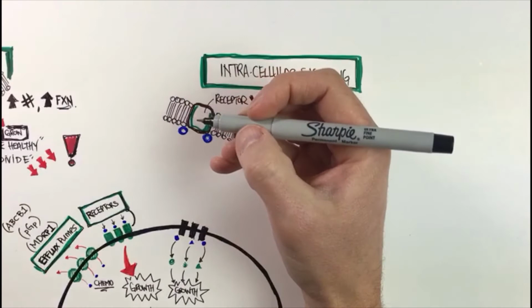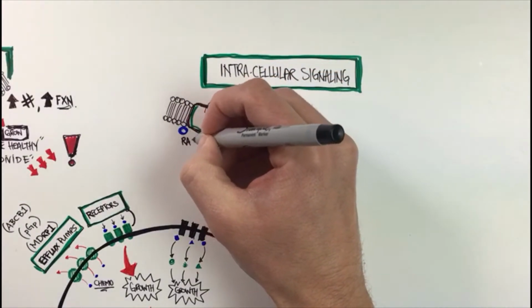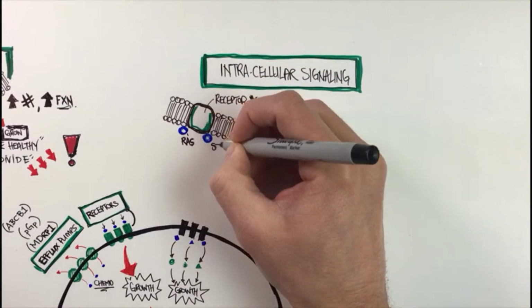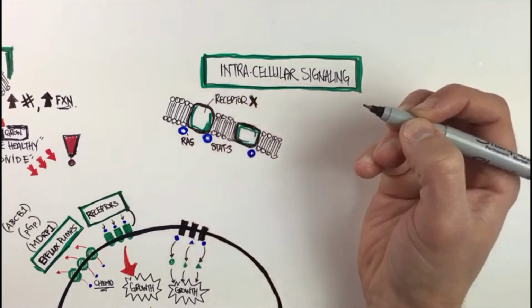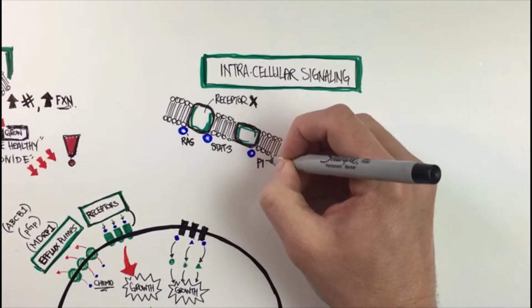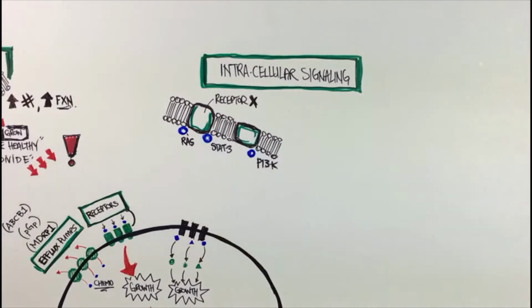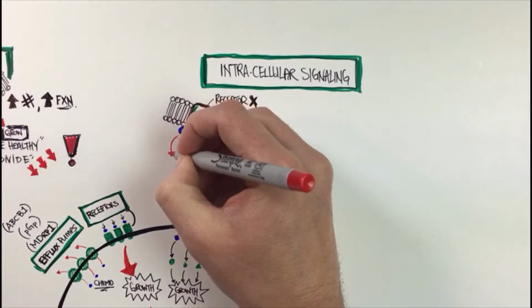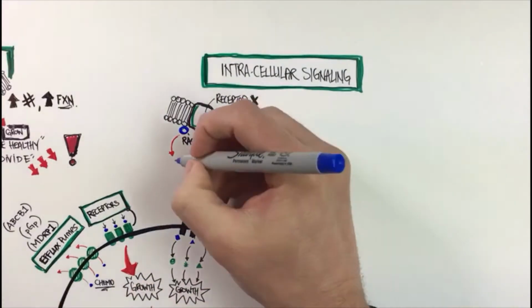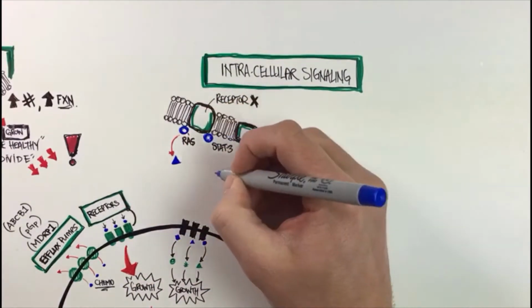And so they go by name. There's many different cascades. This is RAS, and then I'll draw STAT3, and PI3K is a very common mutation in cancer cells. Now again, they communicate after they're turned on, they turn on and activate other signaling molecules.